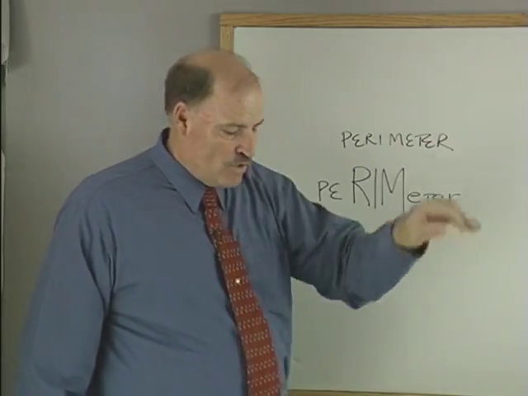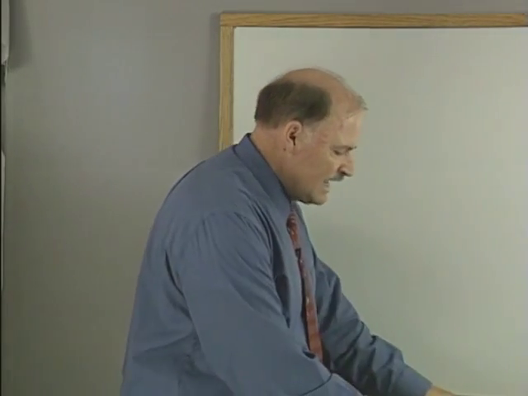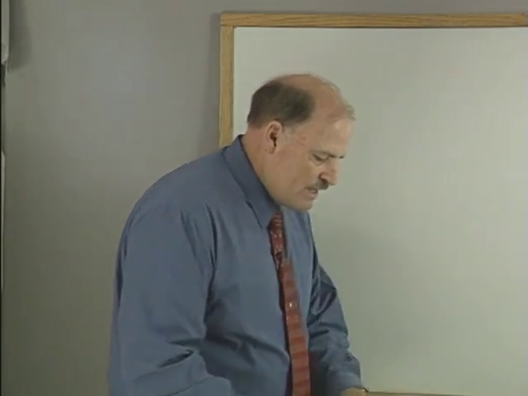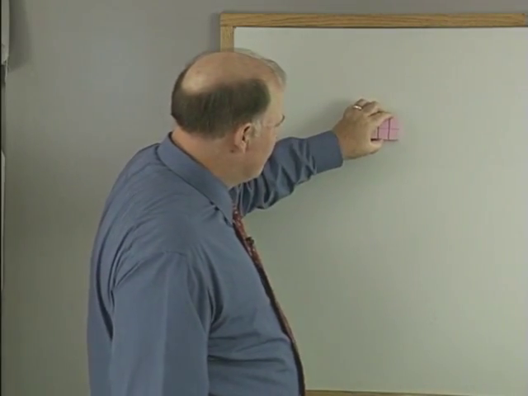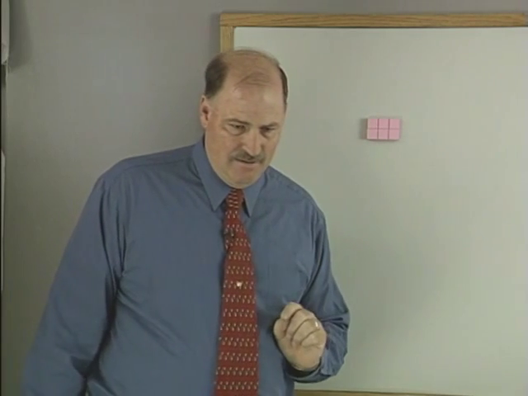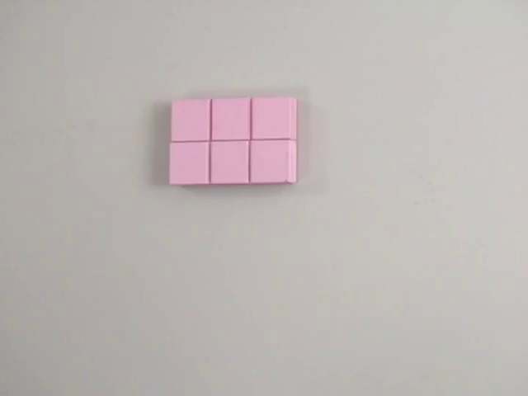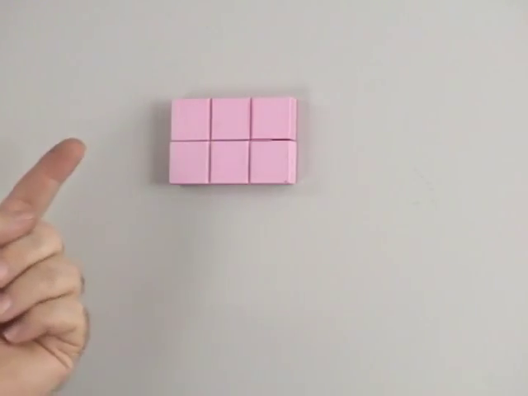It's the distance around. So let's say that I want to find the perimeter of this rectangle right here. Now pretend you're a little ant, and you're going to walk all the way around the rim. You're not going to walk on these flat parts. You're going to walk around the edges.